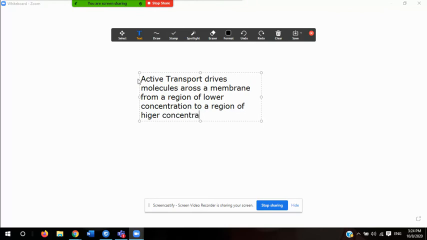Meaning that basically it's moving against the current, right? So you would require the use of chemical energy.